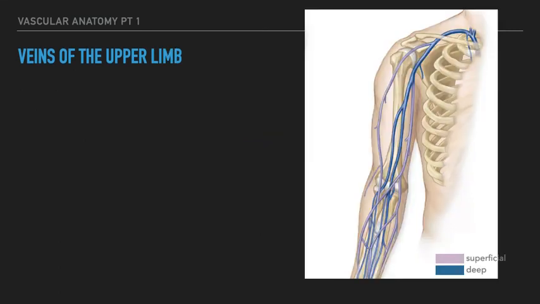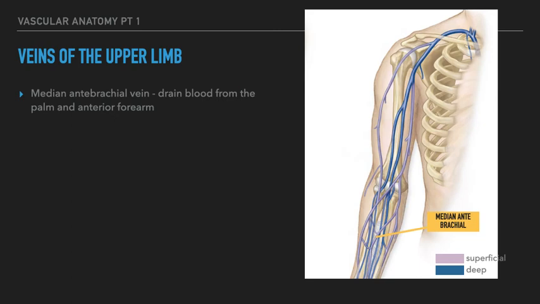Okay, so moving on to the upper limb. One of the larger veins of the upper limb is the medial antebrachial vein. This is a superficial vein. The lighter colored veins in this image are superficial, and the darker colored veins are the deep veins. That's a theme you'll see in several other images.